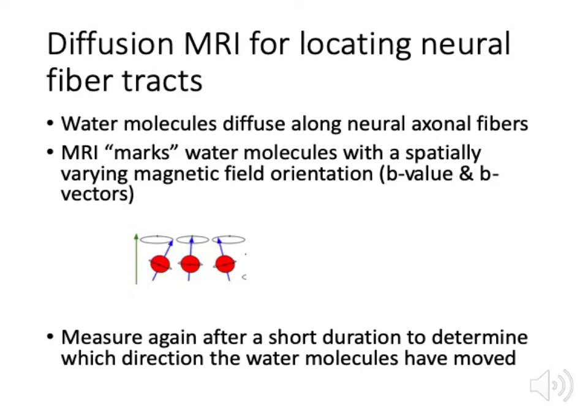Then by allowing some time to elapse, that is by allowing these marked water molecules to then diffuse in the brain, a second measurement is taken, and these two measurements allow us to assess which direction the diffusion has happened. We are only able to assess diffusion along the dimension at which a B field gradient is applied.